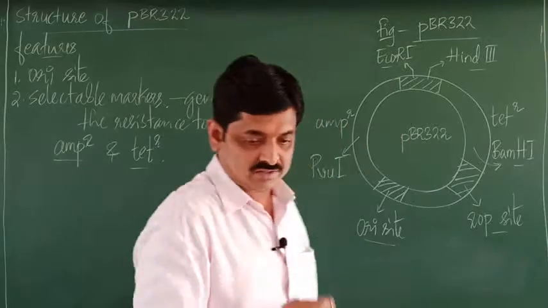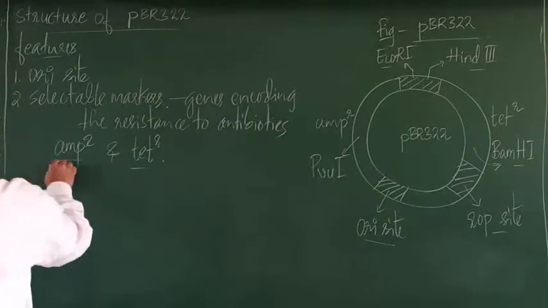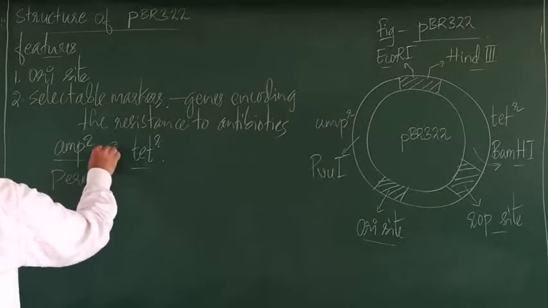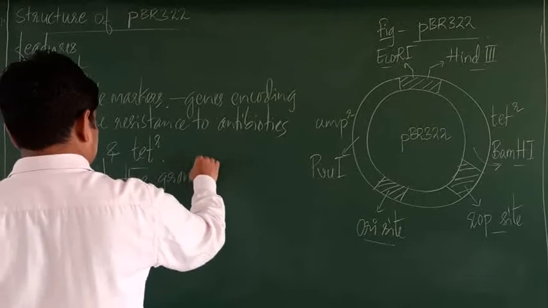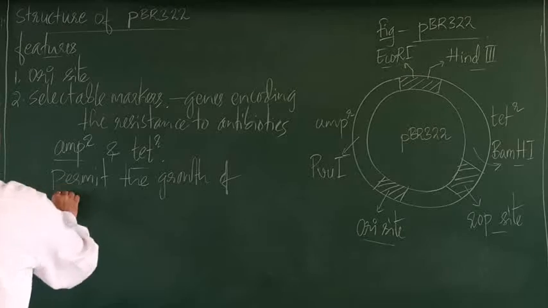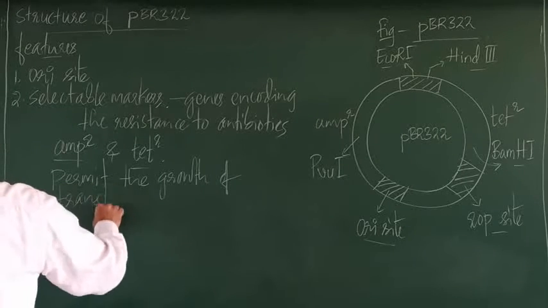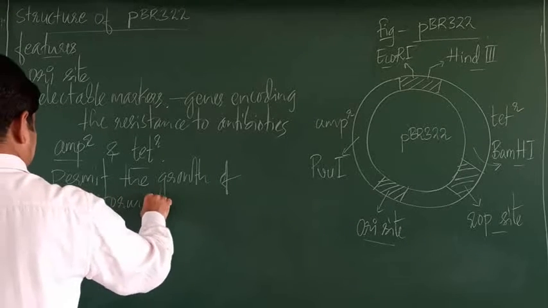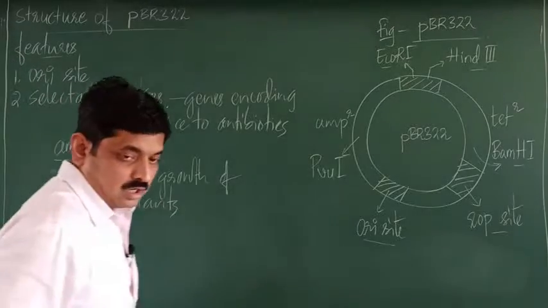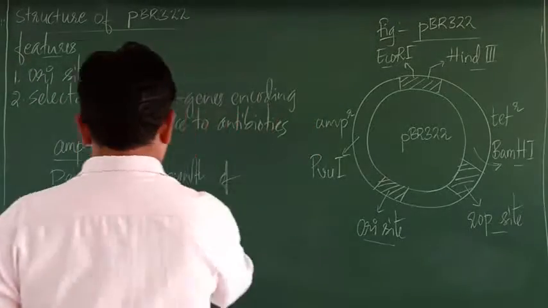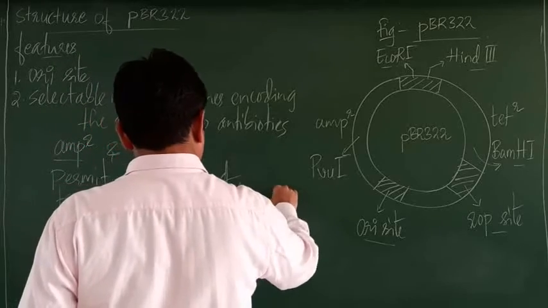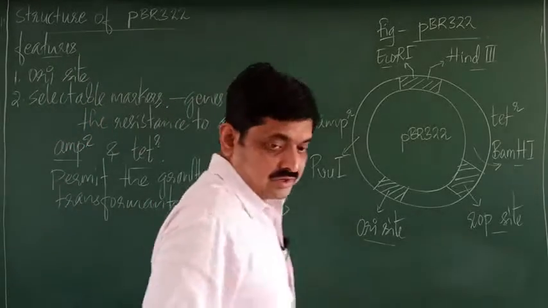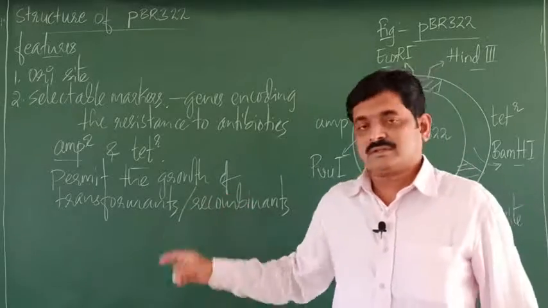These selectable markers permit the growth of transformants, or they permit the growth of recombinants, right?